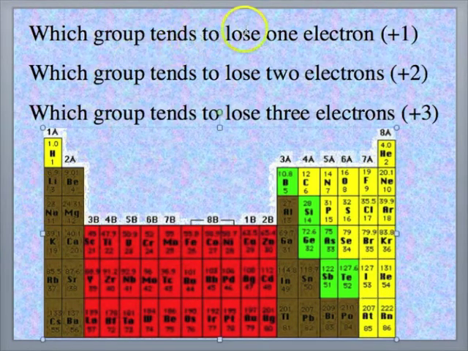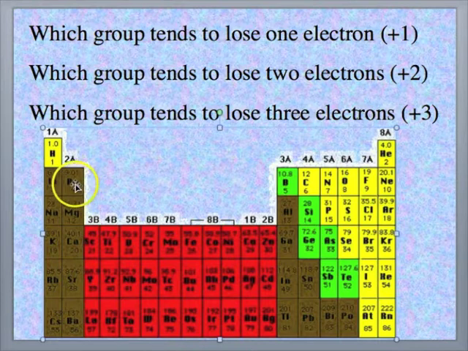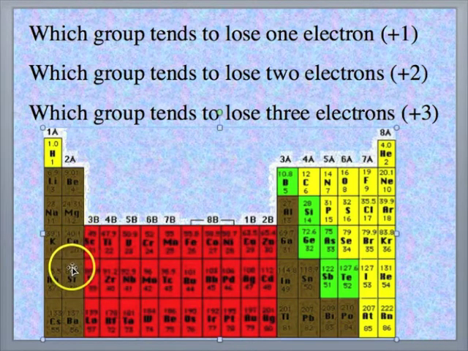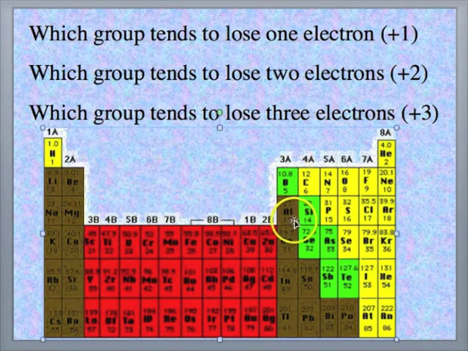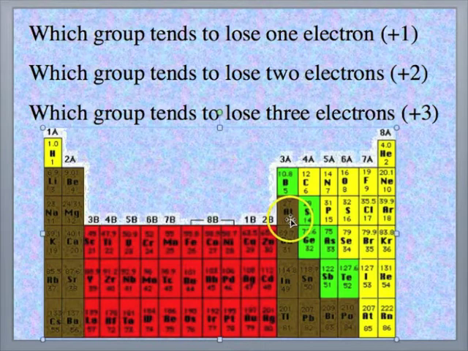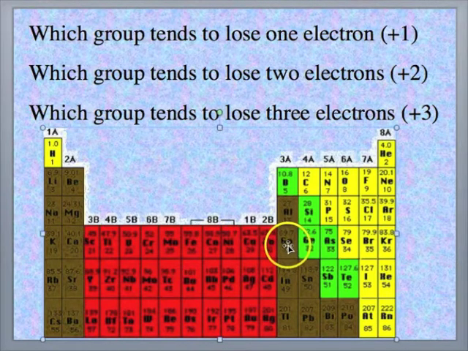The group that tends to lose 1 electron to become +1 is the very first group: lithium, sodium, potassium, rubidium. The second group tends to lose 2 electrons: Be, Mg, Ca, Sr. And way over here, under 3A, we have metals that tend to lose 3 electrons, like aluminum, which forms a +3 cation, gallium, which forms a +3 cation, etc.